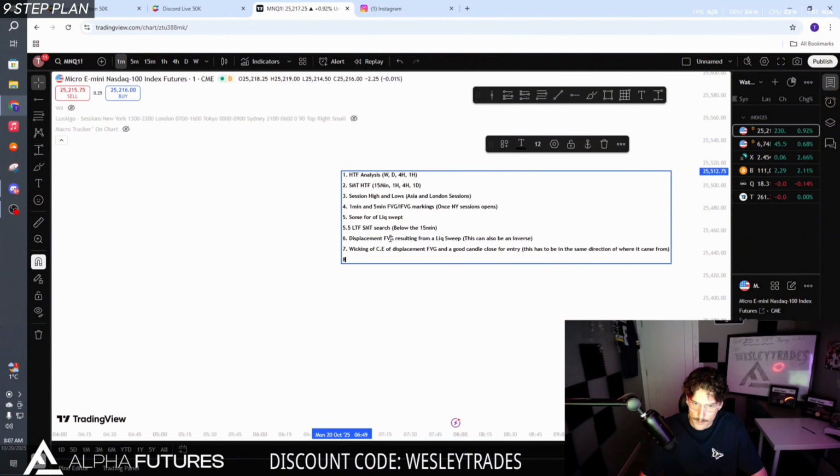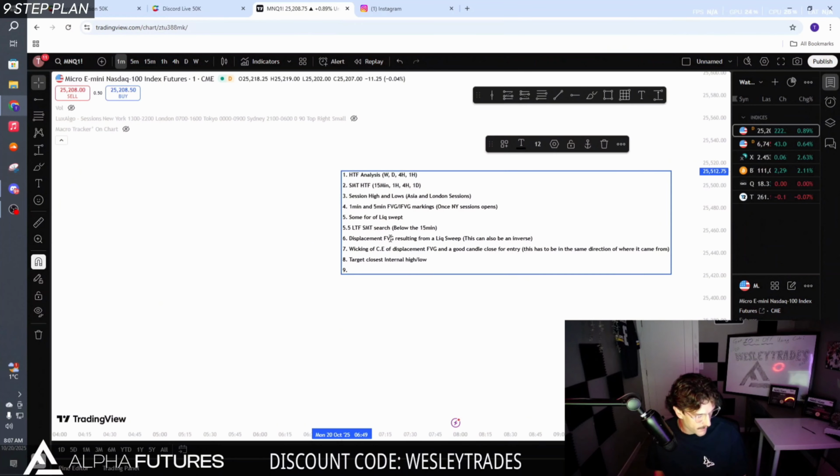Number 8. So this kind of helps us with targeting. Target internal highs and internal lows. Target closest internal high / low. Stops below or above the fair value gap / inverse fair value gap, or CE if the fair value gap / inverse fair value gap is a negative risk reward.